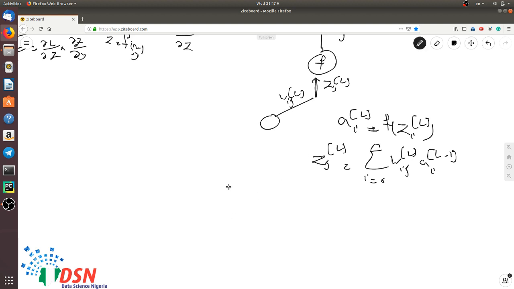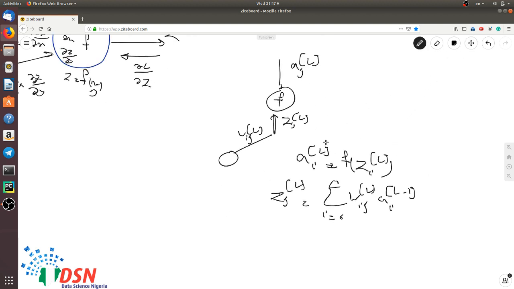Okay, so the point is that we want to calculate the partial derivative of the loss with respect to wij, because we need that in gradient descent.